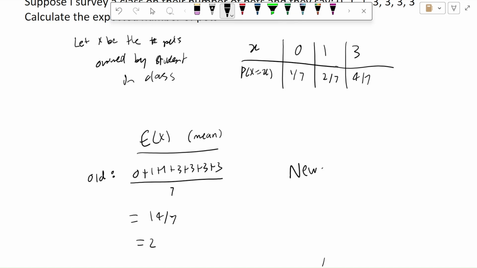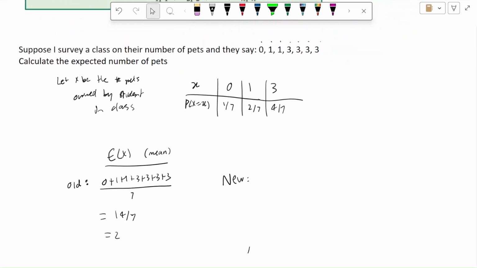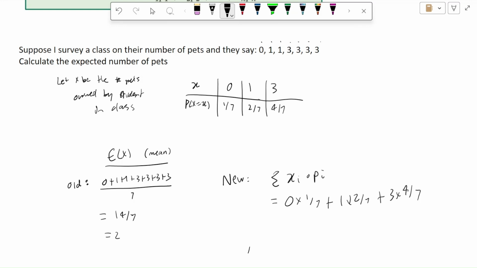The new method, and the formula we're going to use for PDFs, is the sum of each data point times each probability. So what that actually means is 0 times 1/7, 1 times 2/7, and 3 times 4/7. And algebraically, it's a good exercise to check that's actually equivalent to what we were doing over here.